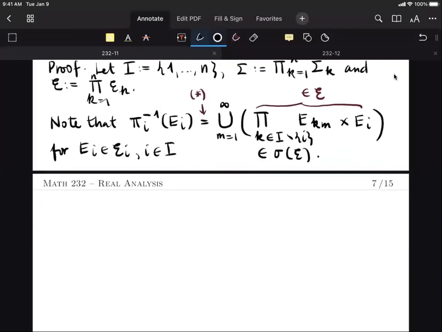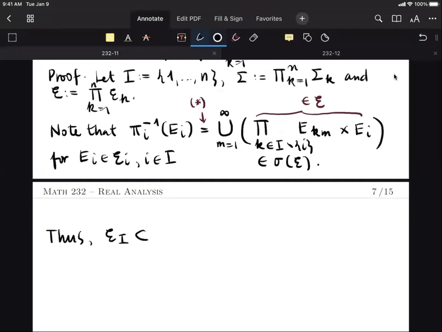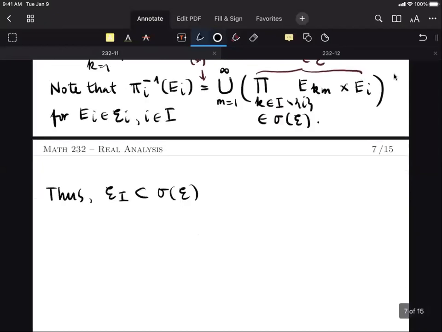Thus this set, recall that this is just the collection of inverse images of projection maps, is a subset of sigma of E. And so the sigma algebra generated by E_I is a subset of the sigma algebra generated by E. Since E is a subset of sigma, we have also this one.